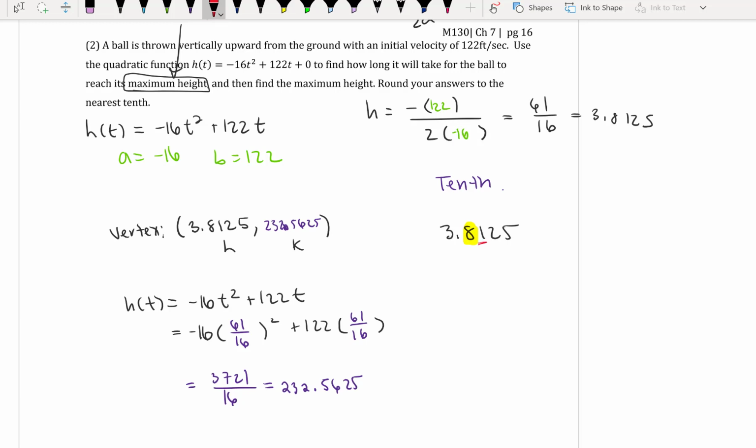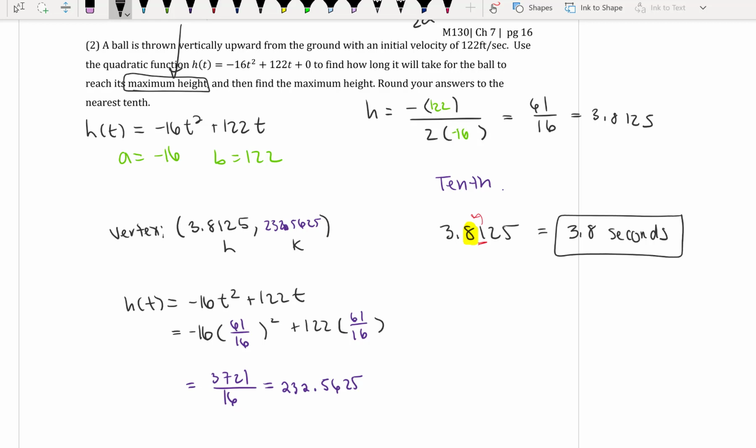So that 1 tells me how I'm going to be rounding. It's a 1, so I'm going to just cut it off. So I have 3.8. So my answer is going to be 3.8 seconds to reach its maximum height.